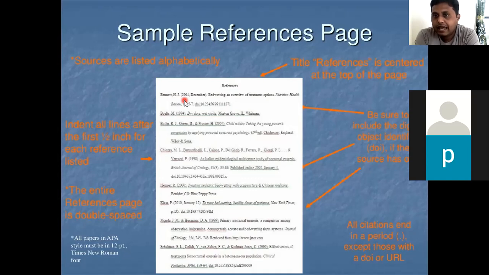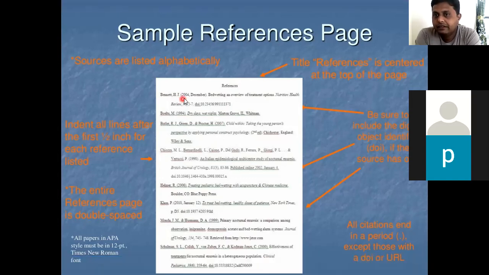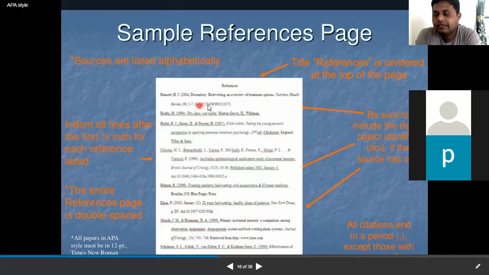MLA does what? MLA allows us to mention the year at the ending part over here. Ending part means over here. But in the case of APA, it allows us to mention it immediately after the name of the author. See over here. Immediately after the name of the author. So this is the common thing in APA.